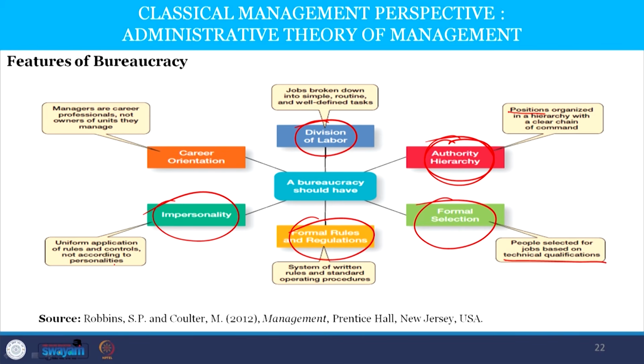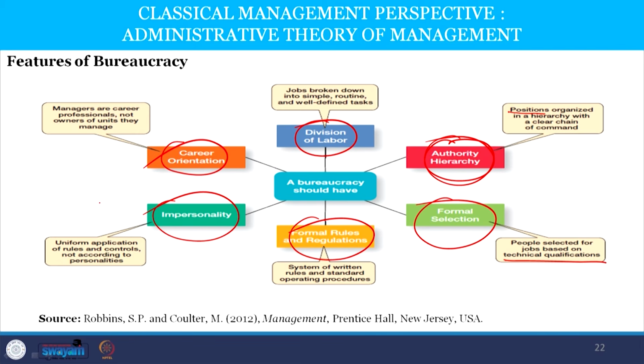There should not be any kind of bias based on individuals or personalities. It emphasizes uniformity in rules, regulations and control, and it is not based on individuals or individuals' closeness to the power center.